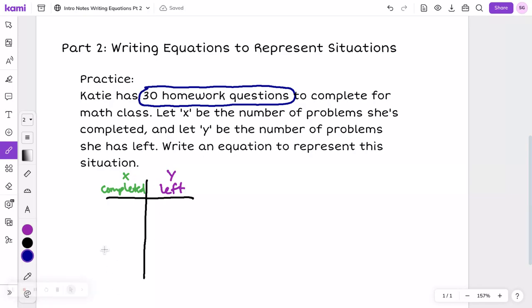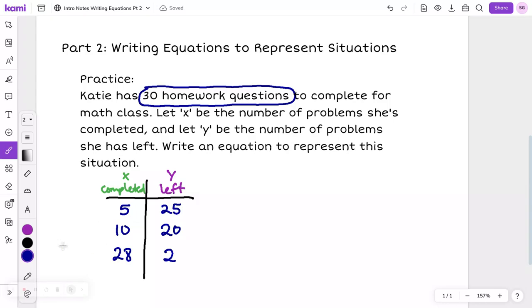When we go to make a table, remember you can pick any numbers you want in the table. So for example, if she's done 5 homework questions, she's completed 5, how many are left? 25. If she's completed 10 problems, how many would be left? 20. If she's completed 28 problems, how many problems are left? 2. And I'm just picking random numbers here for x.